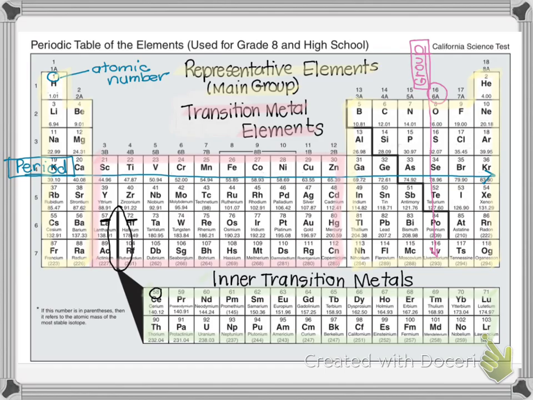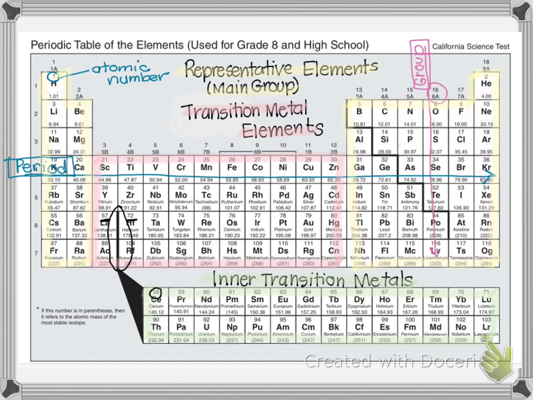And again, if the word metal is there or not, if they just say inner transition or inner transition metals, they're referring to the same thing. So those are the big groups that are in the periodic table.